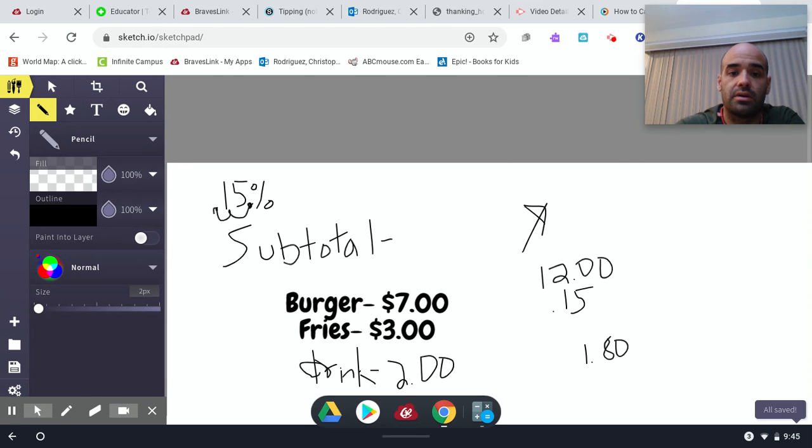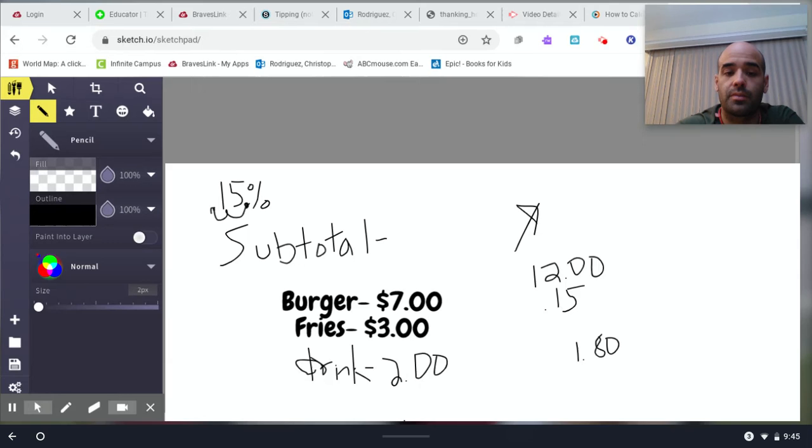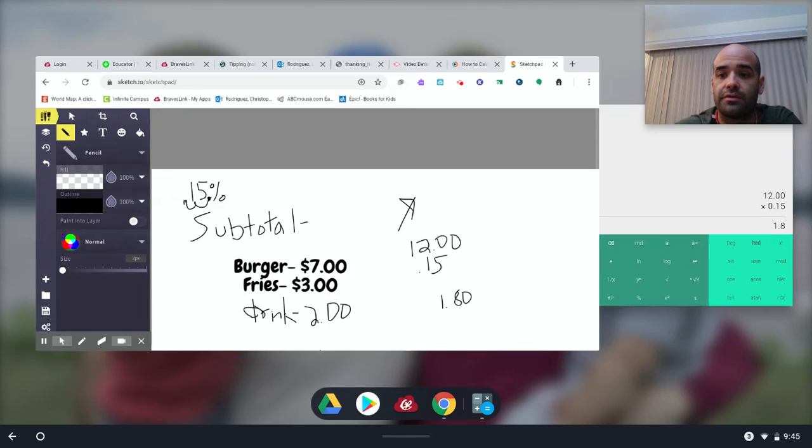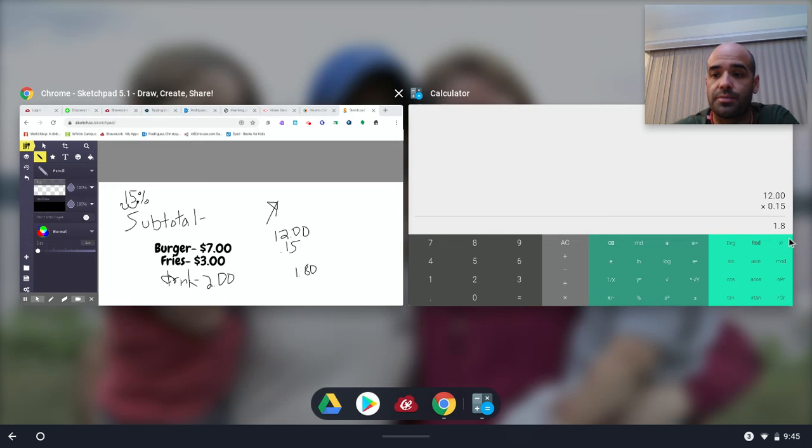So just to review, if I split the screen, you can see that there. I had to add up the cost of my burger, fries, and my drink to get my subtotal. After I got my subtotal, which was $12, I multiplied it by 0.15, the equivalent of 15%.